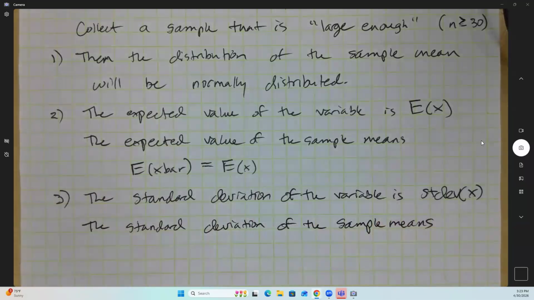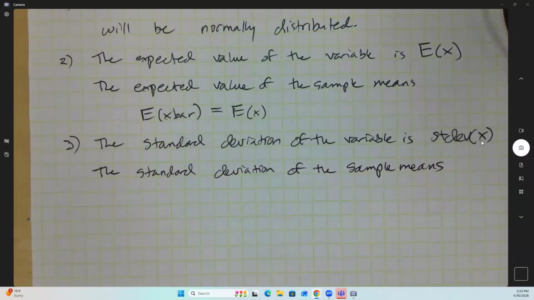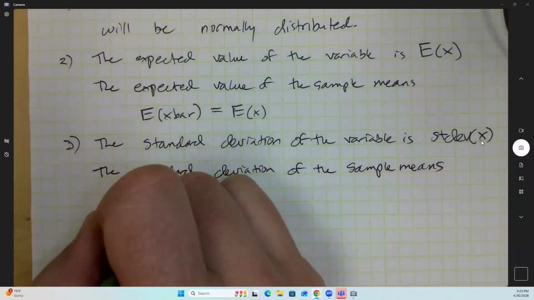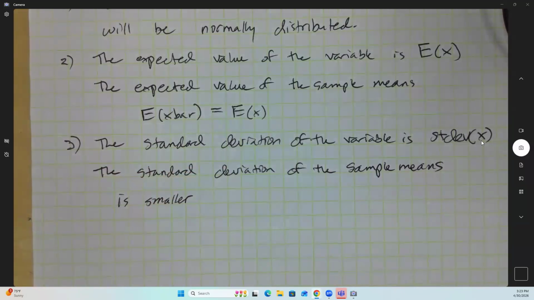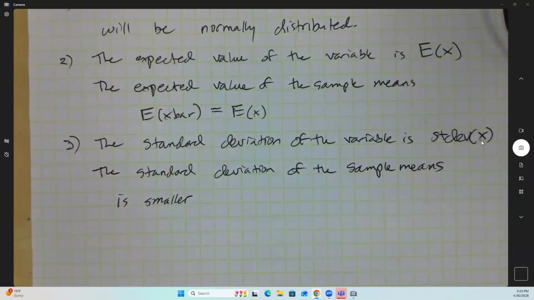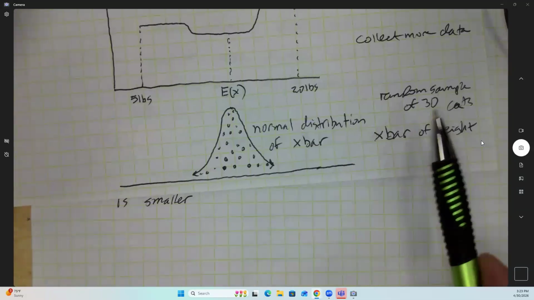Not every sample mean will be the exact same. You're going to have some spread, but it's smaller. It's smaller because we're collecting more data.